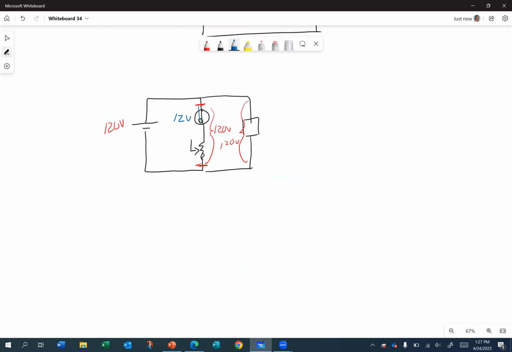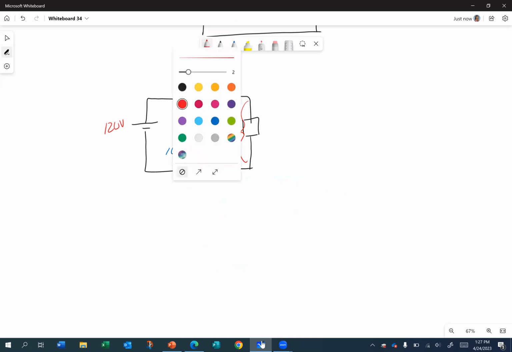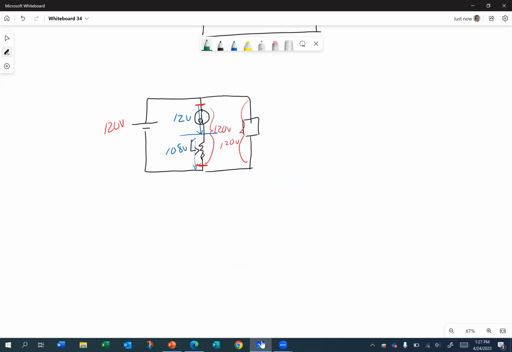So when the current goes through the bulb, it loses 12 volts. What's left is given up by the variable resistor. So I need that to have the value of 108 volts. If I were to number those, everything in the circuit gets confusing: 1, 2, and 3. What I do know is that for this branch, V total is equal to V1 plus V2.